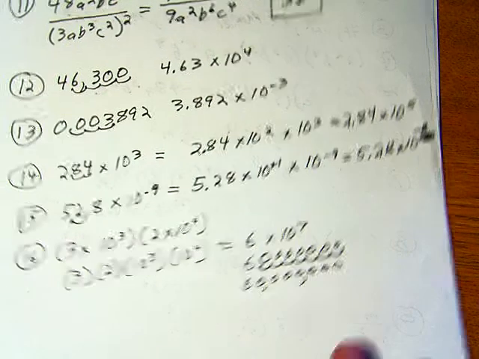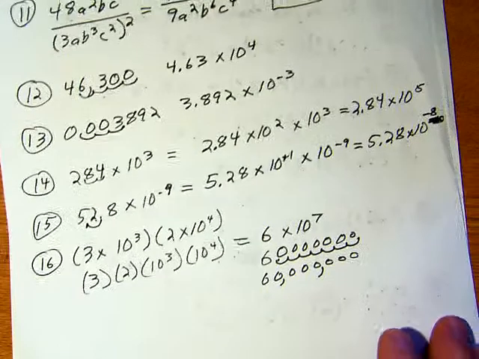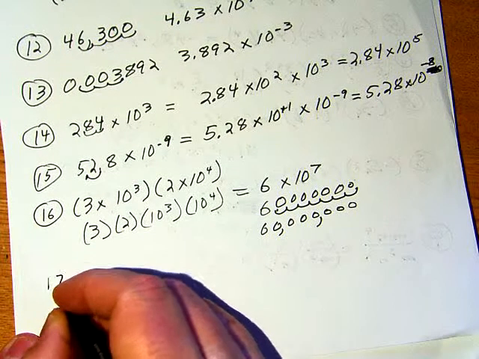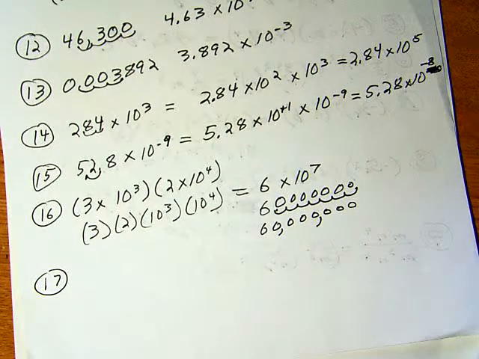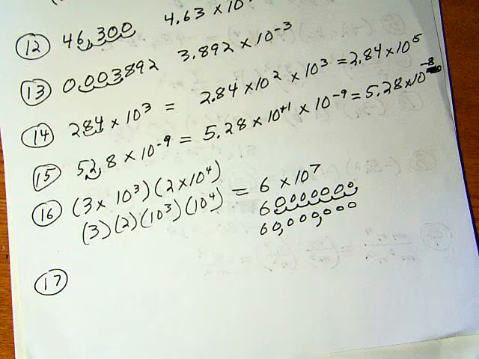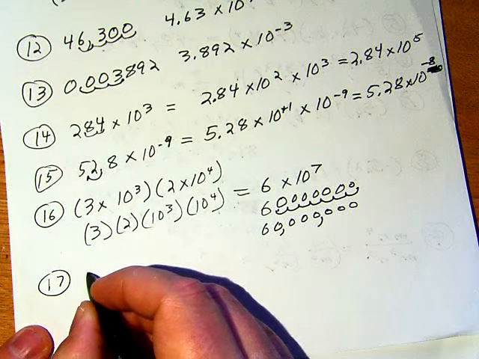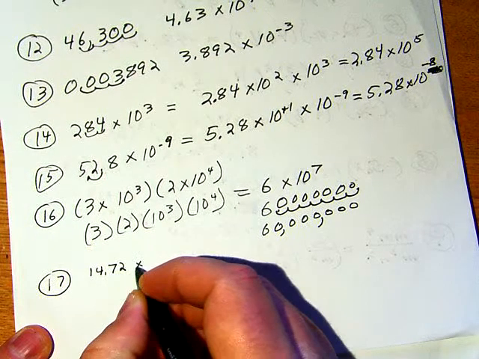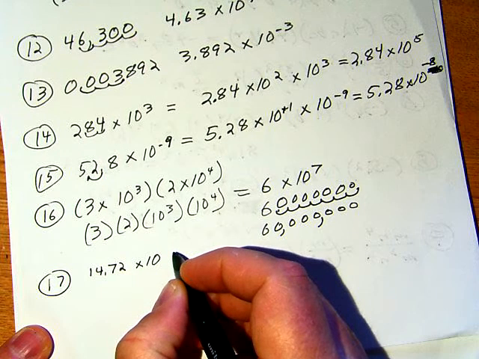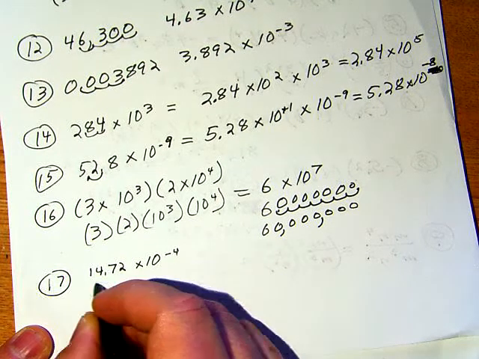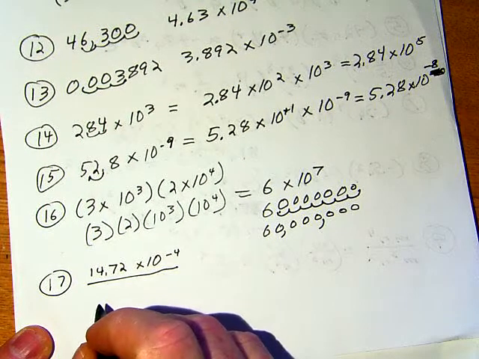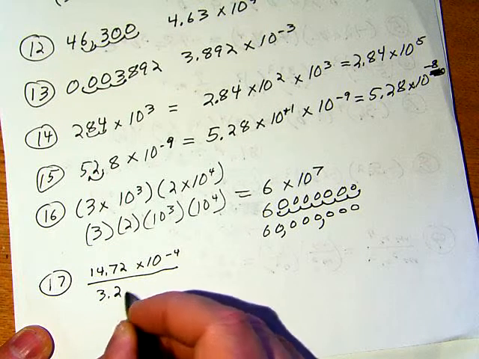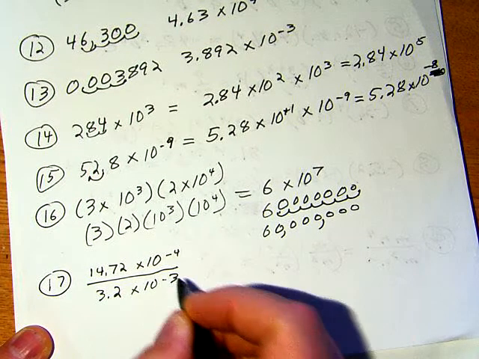Alright, let's continue on with our Chapter 8 practice test, and let's do problem number 17. Number 17 says we have the number 14.72 times 10 to the negative fourth divided by the number 3.2 times 10 to the negative 3.